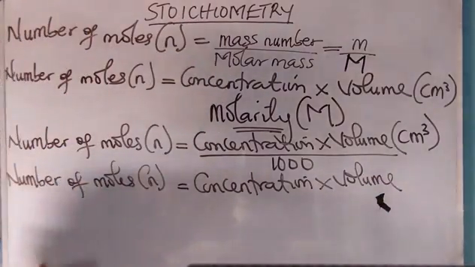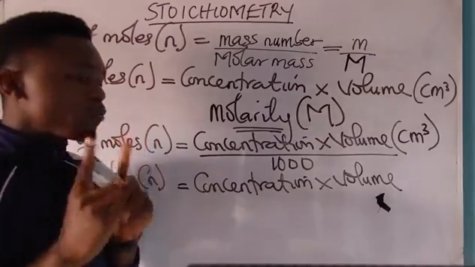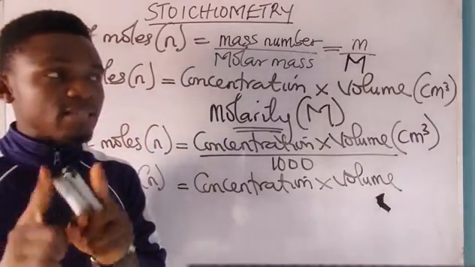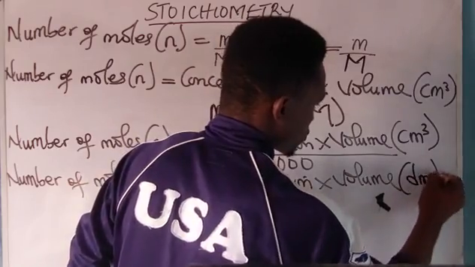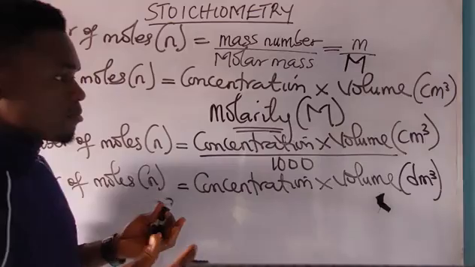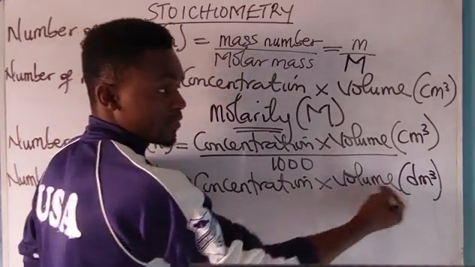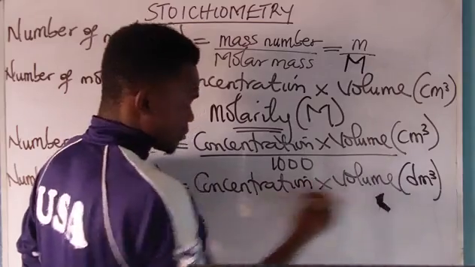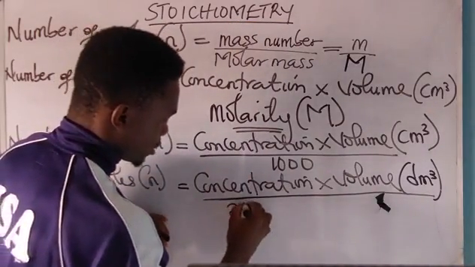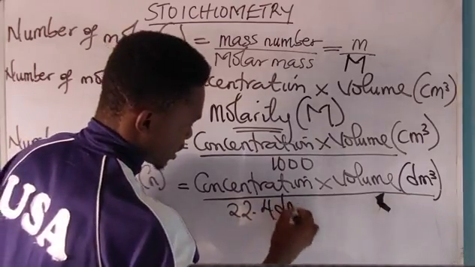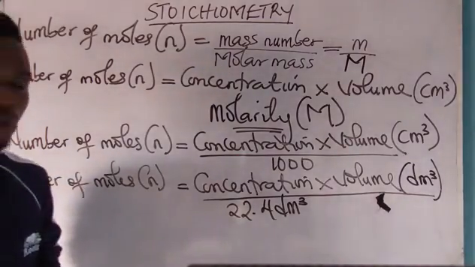Now, number of moles at STP, that is standard temperature and pressure, when the volume is in dm cube, you use 22.4 dm cube.